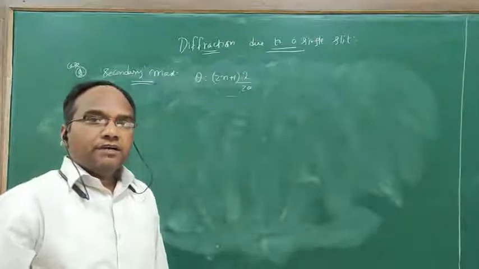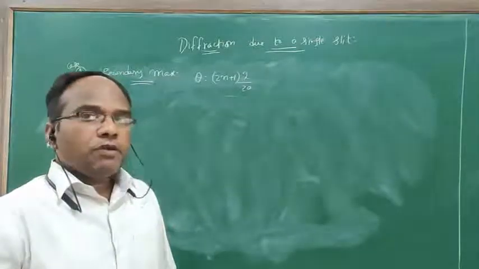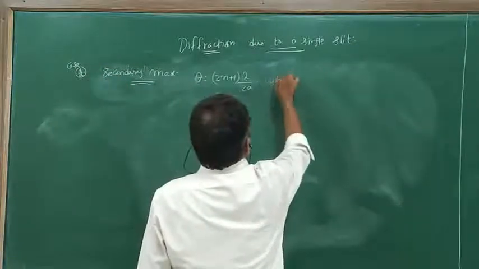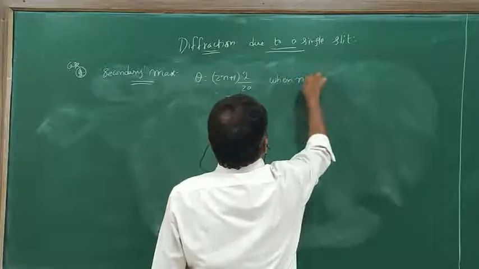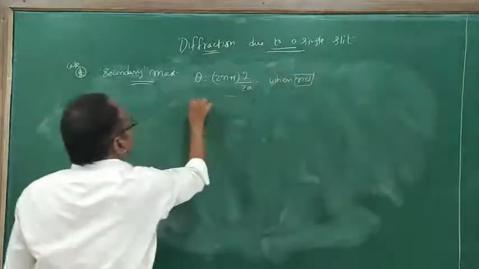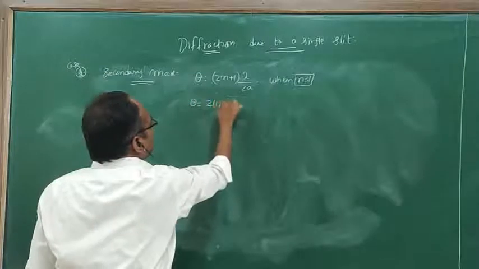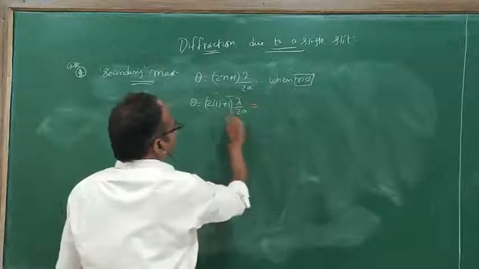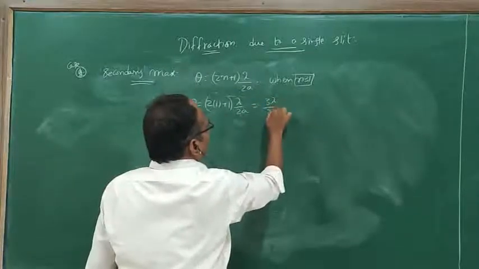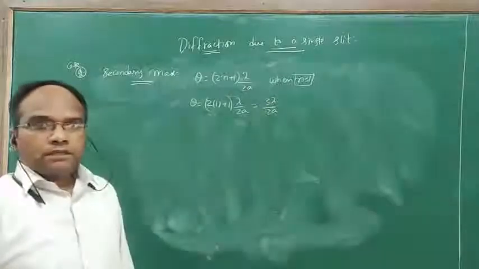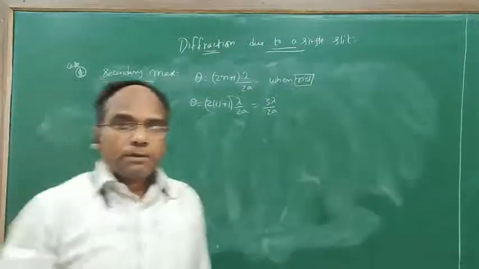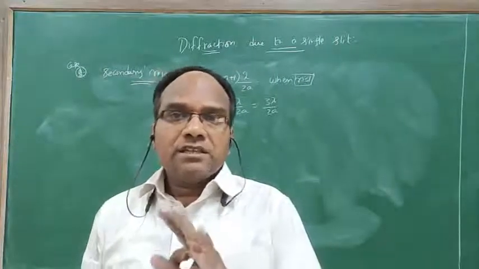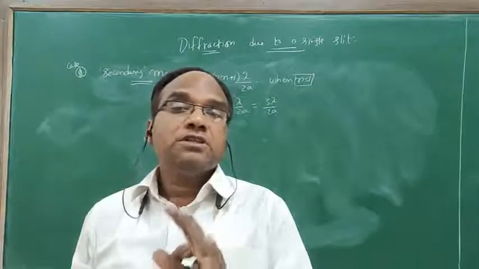When n is equal to 1, theta is equal to 2 into 1 plus 1, into lambda by 2a. So the value is 3 lambda by 2a. What is the meaning of this? The 3 means it is divided into 3 slits.